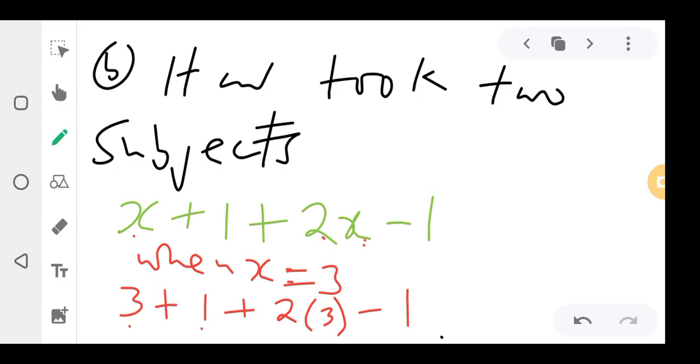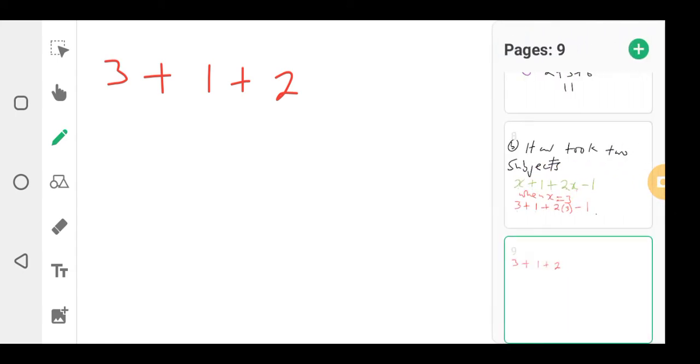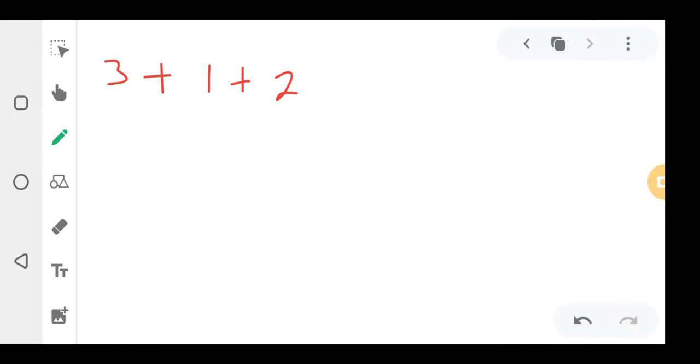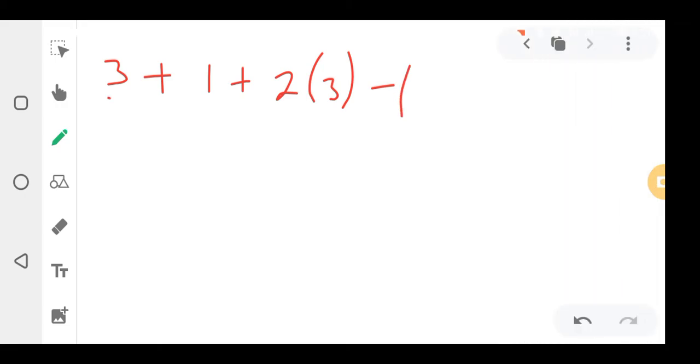3 plus 1 is 4. Plus 2 times 3, which is 6.